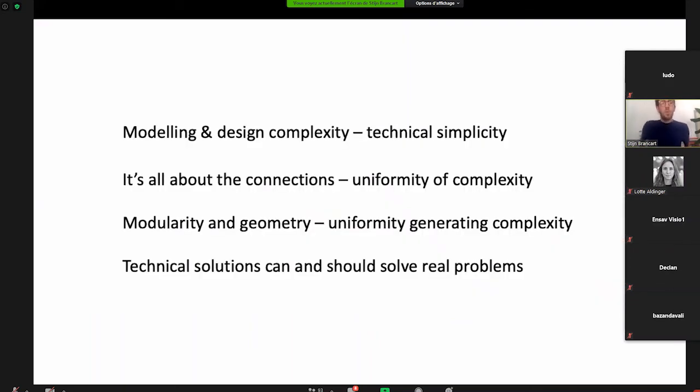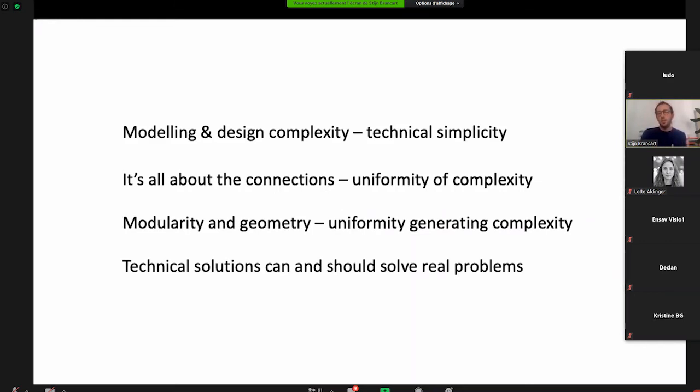So I want to just finish with a couple of thoughts that I walked through also in the presentation. First of all, it's not because we focus on simplicity or low-tech solutions technically, that there's no complexity in the project.